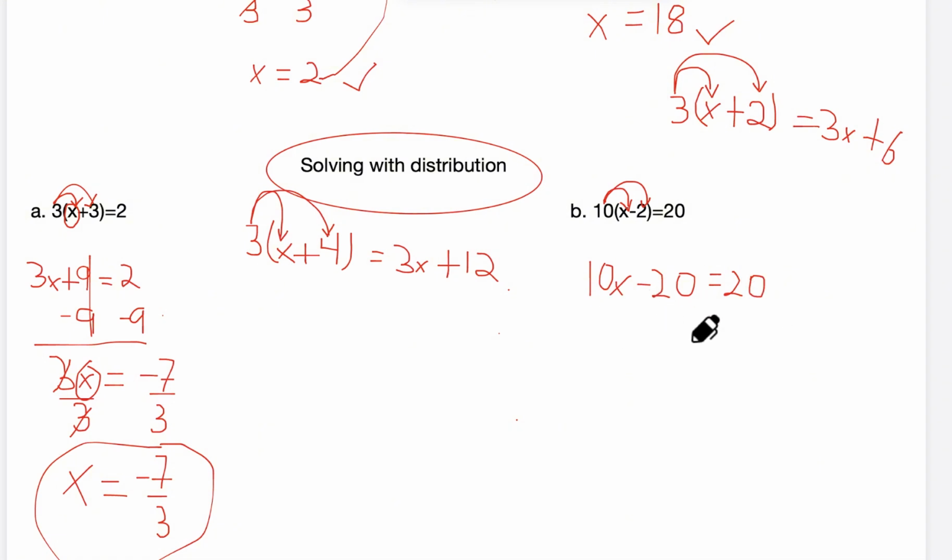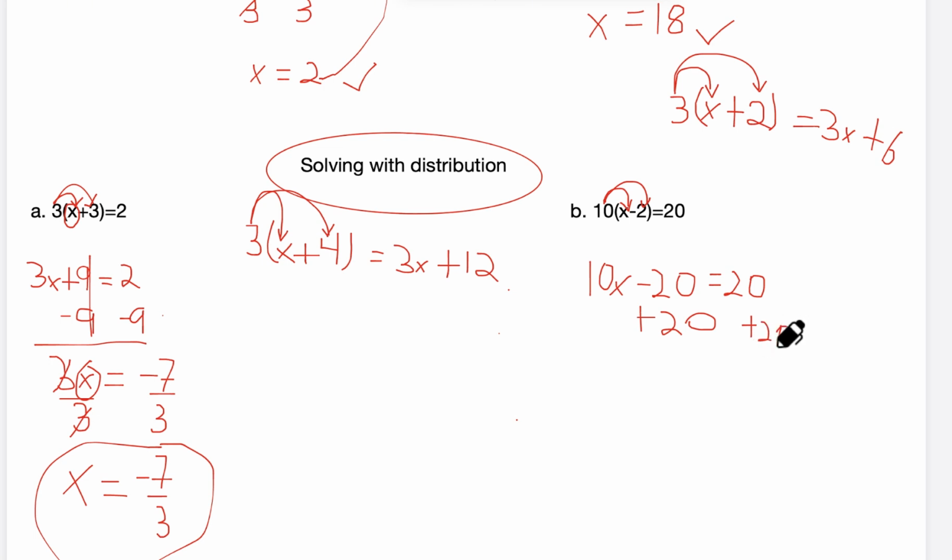Now this became a two-step equation again. So again, get rid of the minus 20 before getting rid of the 10 because of the reverse order of operations. So I add 20, one on the left and one on the right side.